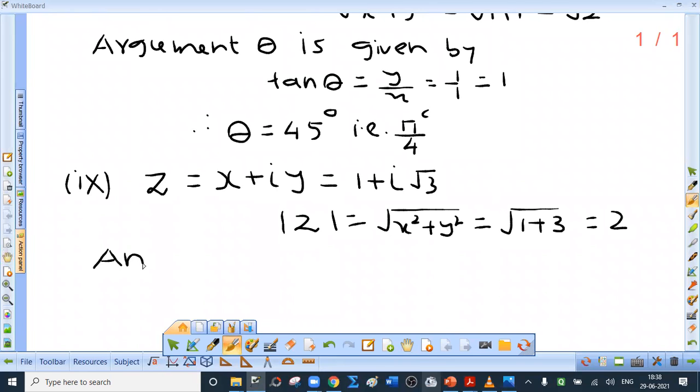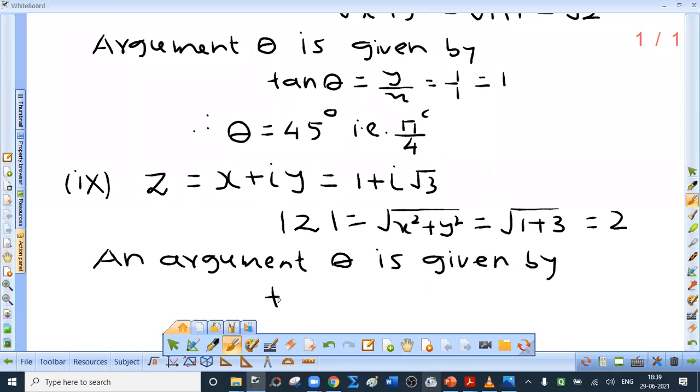An argument, or you can call it amplitude also. The argument theta is given by tan theta equal to y upon x, that is root 3 upon 1 equal to root 3.